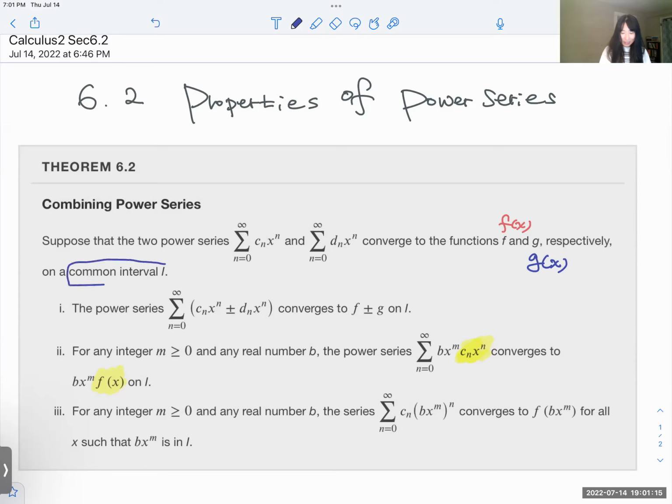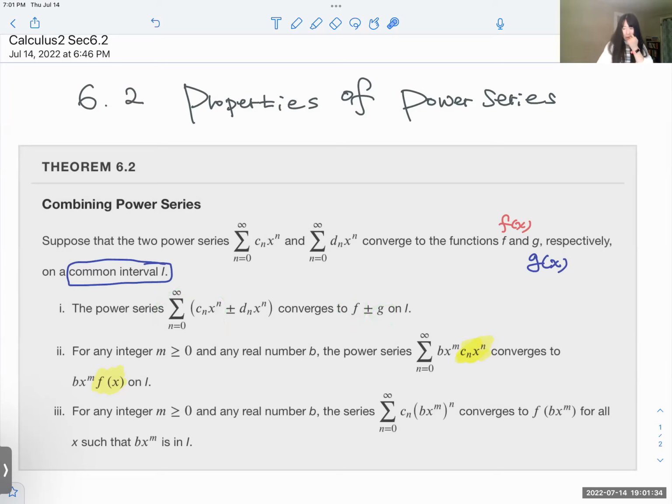So that is that. Okay, then they say that if they add them, since they converge respectively to f and g, they can converge to f plus g on the common interval.